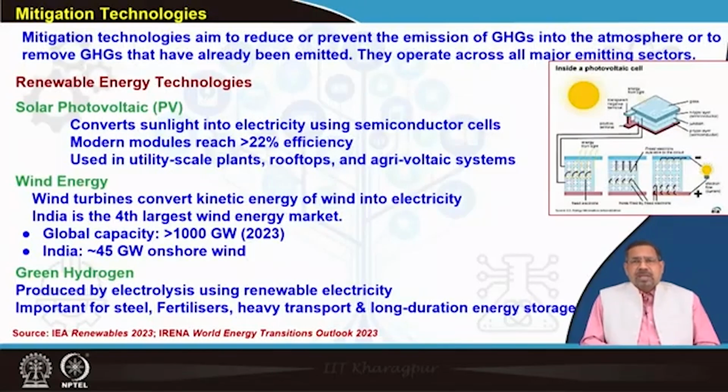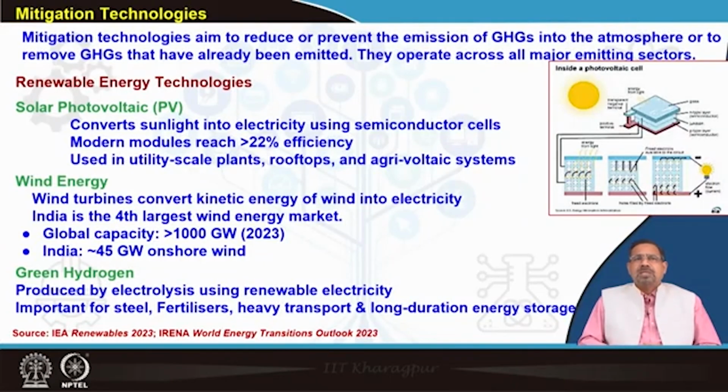Coming to the mitigation technologies. Mitigation technologies aim to reduce or prevent the emission of greenhouse gases into the atmosphere, or to remove the greenhouse gases that have already been emitted. They operate across all major emitting sectors. As far as the renewable energy technology is concerned, let us talk about the photovoltaic cells, the PVs.